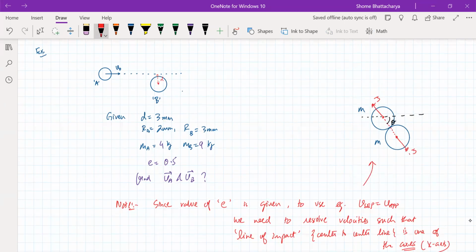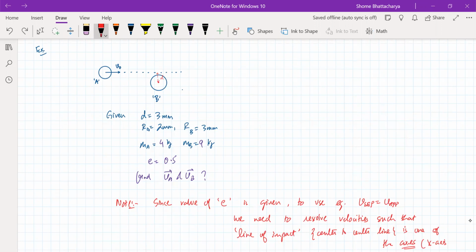What this means is that take this line as our x-axis and take this as our y-axis.